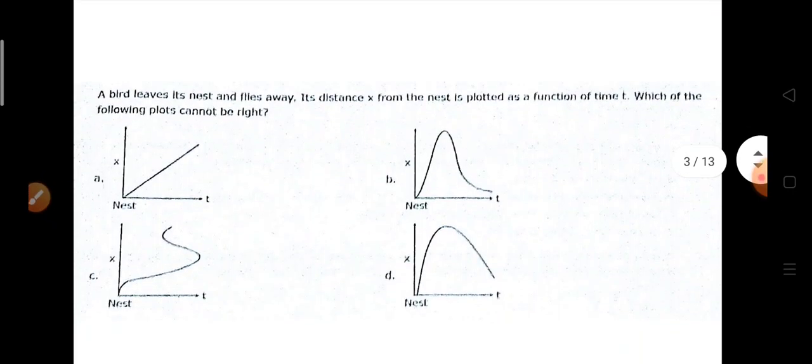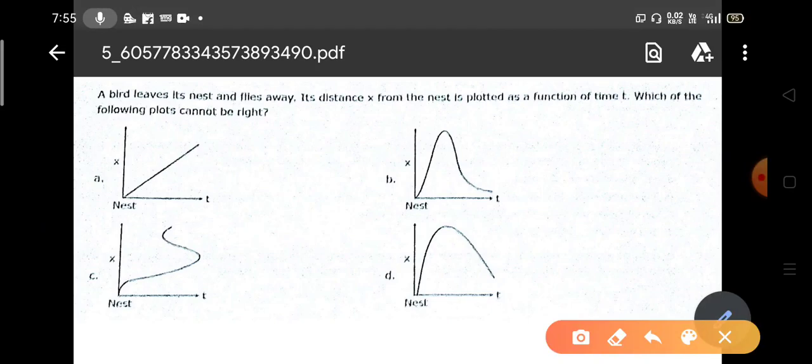Next question is, a bird leaves its nest and flies away. Its distance x from the nest is plotted as a function of t. Which of the following plots can be right? So suppose this is the nest of the bird, and it flies away. So here it is also flying away.